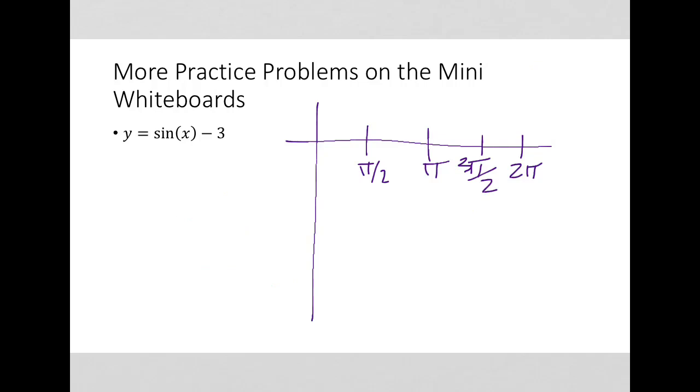Okay, so let's shift that line of symmetry down 3. And then we're going to start, we're going to go up, we're going to come back down, we're going to continue to go down, and we're going to go back up. And then we get our little squiggly sine graph.